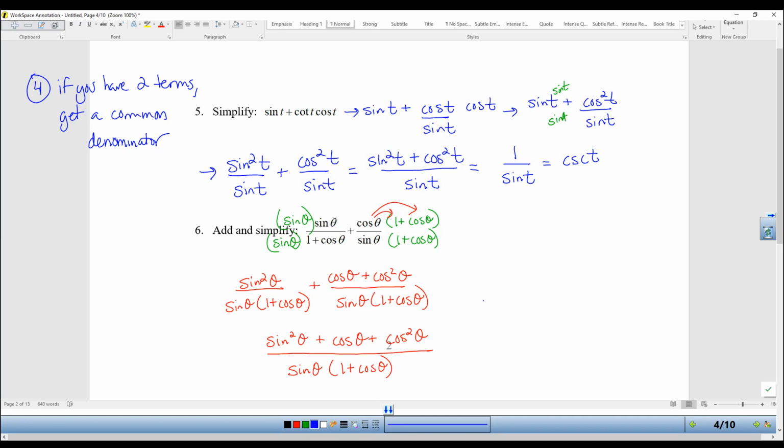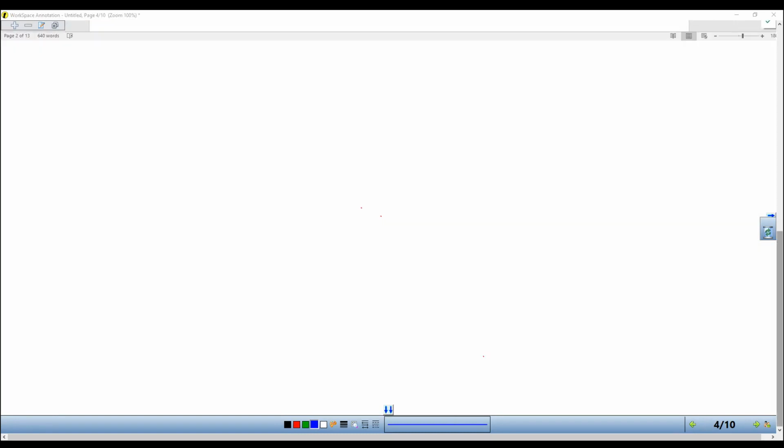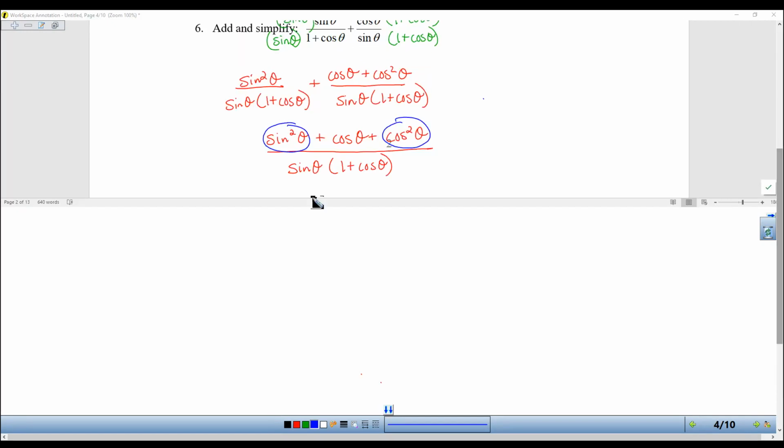And hopefully you're looking at this and recognizing sine squared plus cosine squared. So these two are going to allow me to write this as 1 plus cosine of theta over sine theta times 1 plus cosine of theta.